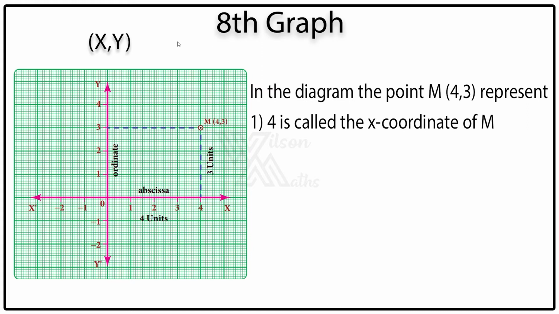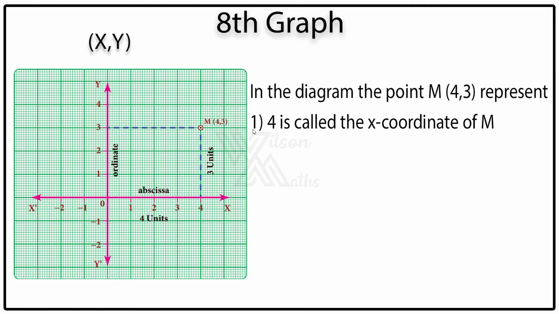That's another diagram. So here the same. X, O, X dash, x-axis. Y, O, Y dash, y-axis. Here one point is given, point M, 4, 3. What is the meaning? What does it represent?